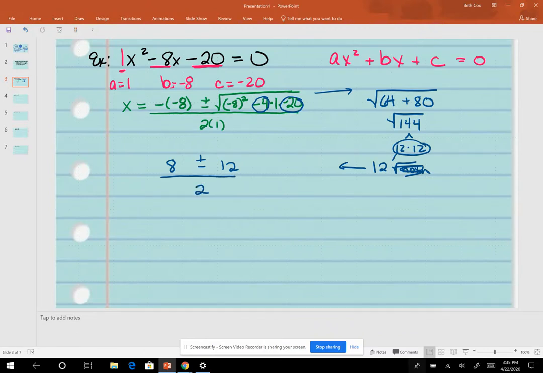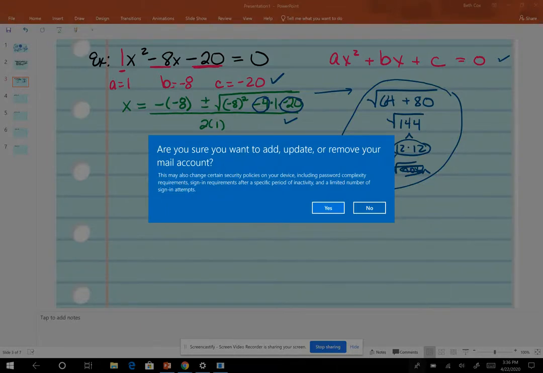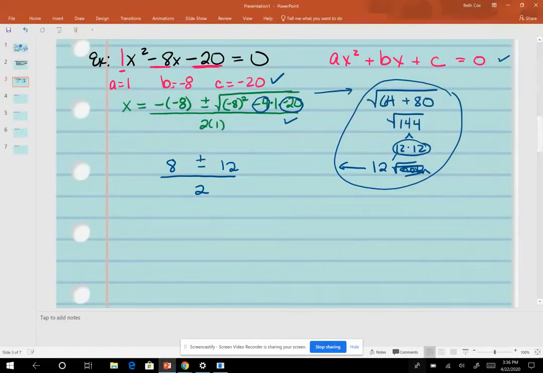Okay, so step 1, make sure it's set equal to 0. Step 2, get my A, B, and C. Step 3, put it into the formula. Step 4, simplify my radical all the way. Now we have 8 plus or minus 12 over 2. It says separate the fraction and then reduce.